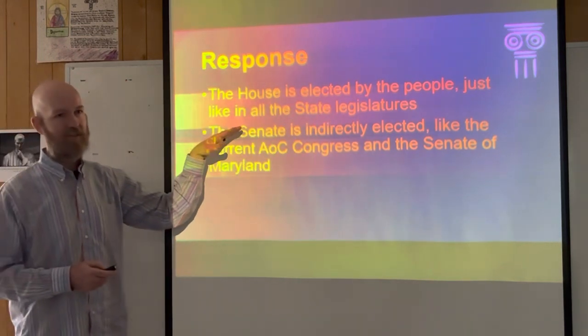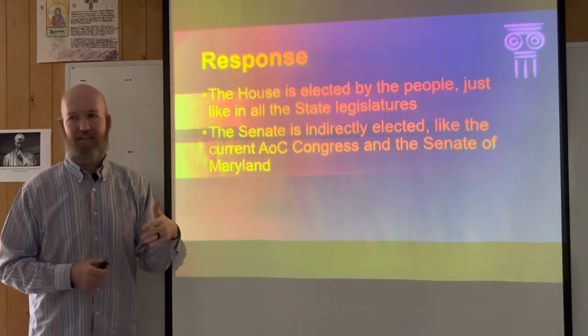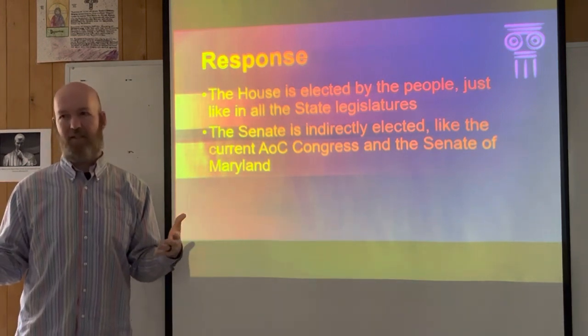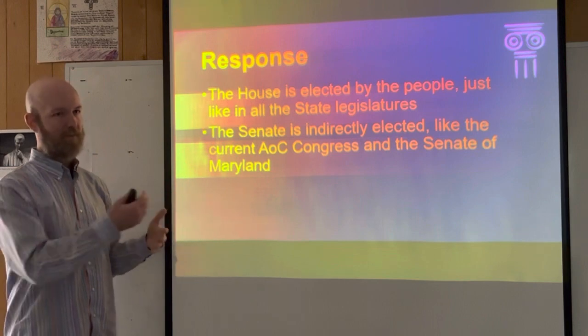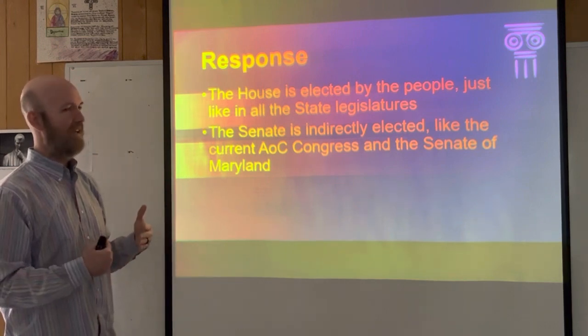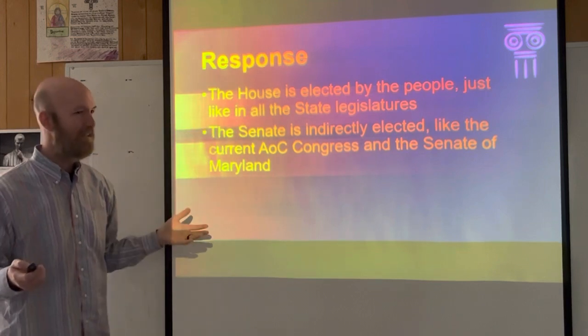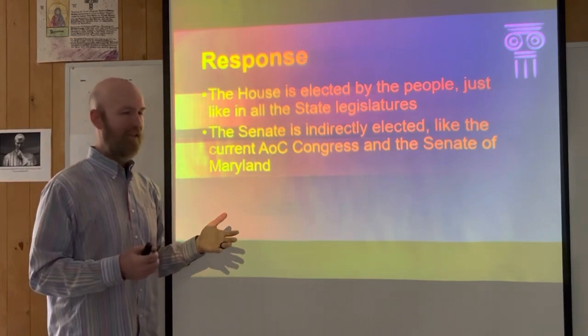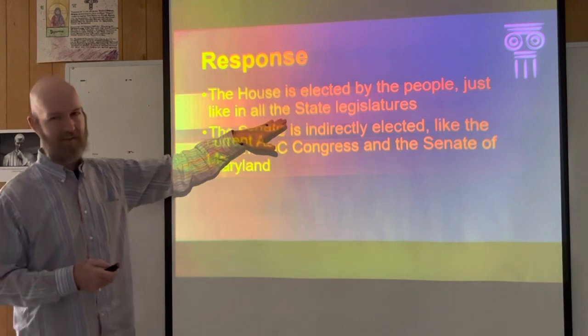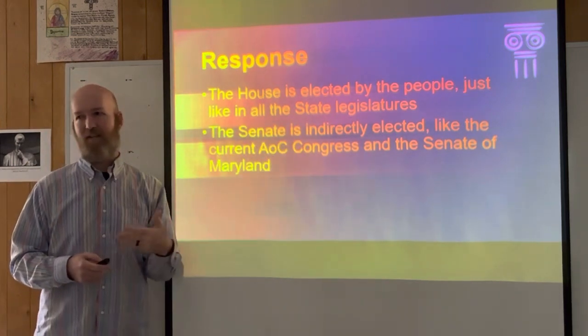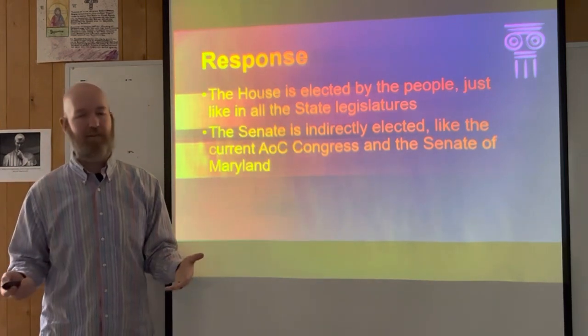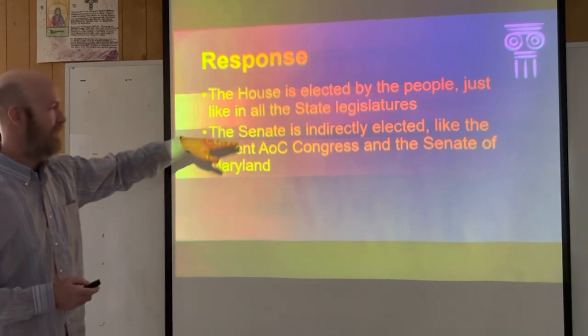And they go through and compare it to the states, saying all the states in the country at that point also had a House of Representatives elected by the people. So they say the U.S. House of Representatives isn't really any different than what states are doing. If you're going to argue that the House of Representatives is not Republican, then you're also going to have to say that every state is not Republican. So they make that comparison.